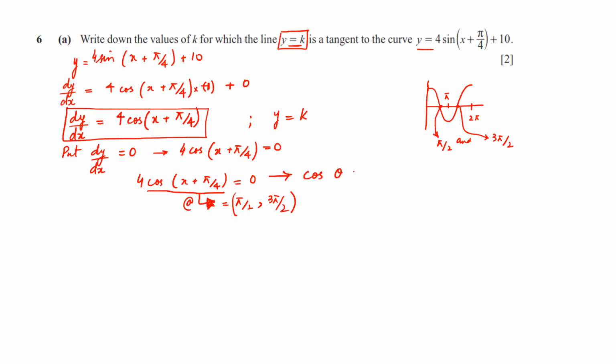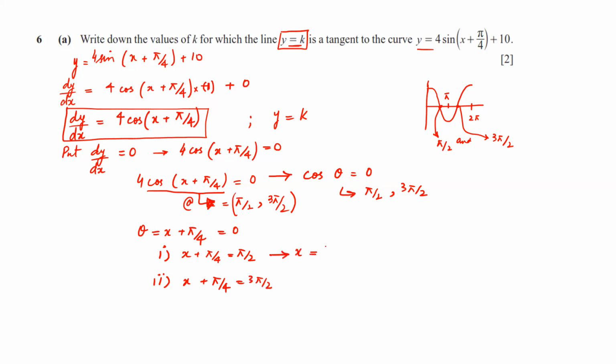This is cos of theta is equal to 0, and this theta will be equal to pi by 2 and 3 pi by 2. And let's say this theta is replaced by x plus pi by 4, and this is equal to 0. So the first case, x plus pi by 4 equal to pi by 2. This is my first case, and this becomes my second case, 3 pi by 2. So from here, I get x is equal to pi by 4. And from here, I get x equals to 5 pi by 4.